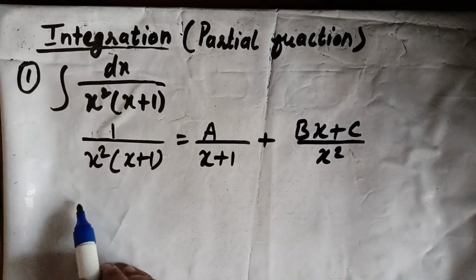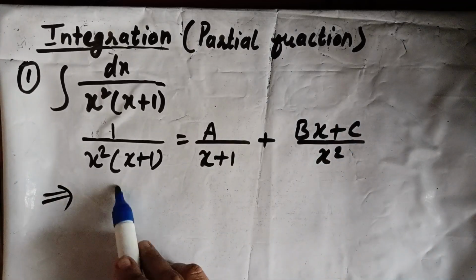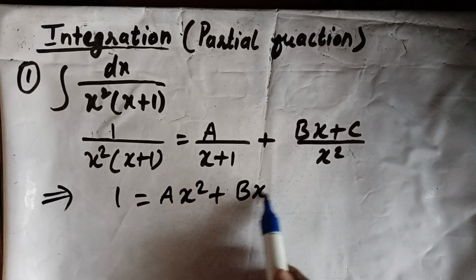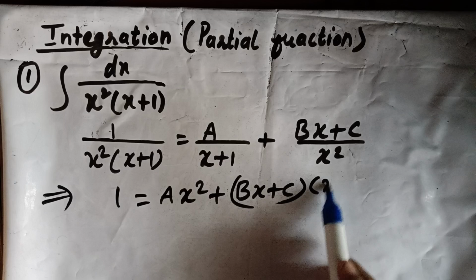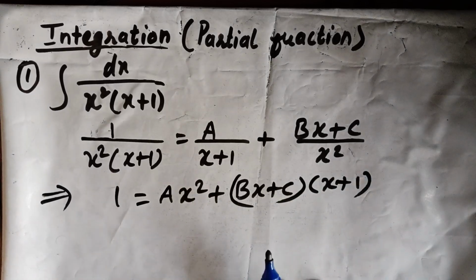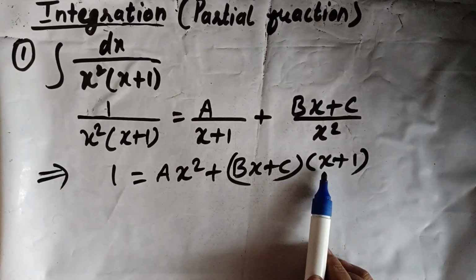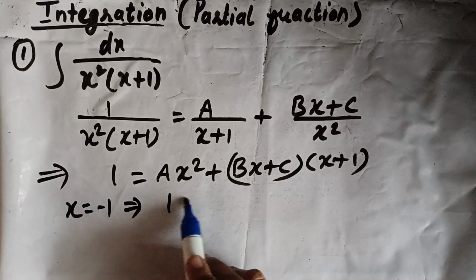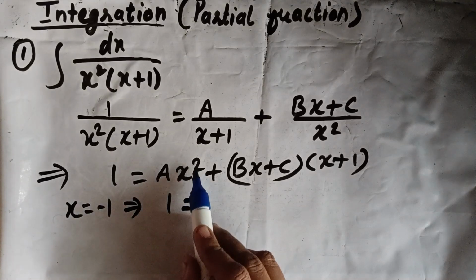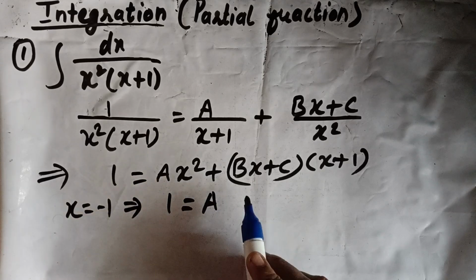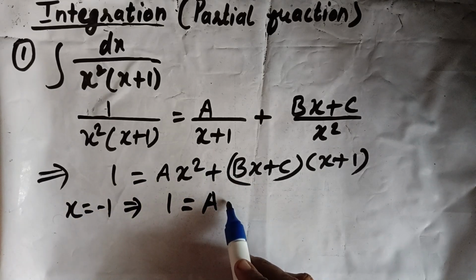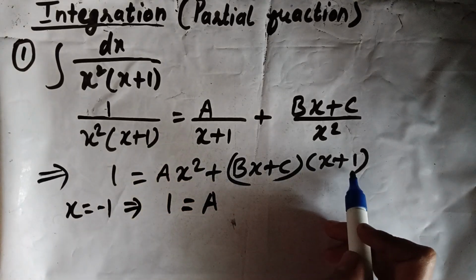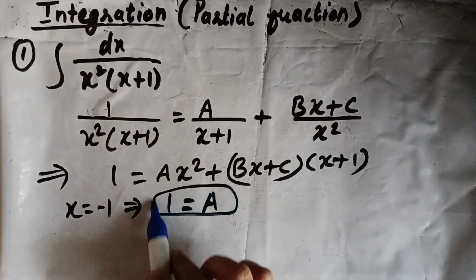Multiplying, you will get 1 equal to A x square plus (Bx plus C) into (x plus 1). So I'll put x equal to minus 1. So 1 equal to minus 1 square is 1, so A. This term is 0, right? Minus 1 plus 1 becomes 0. So A we got 1.